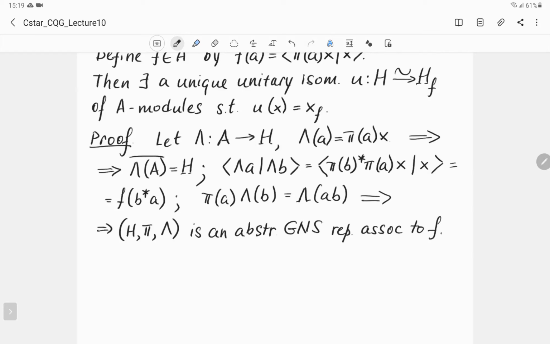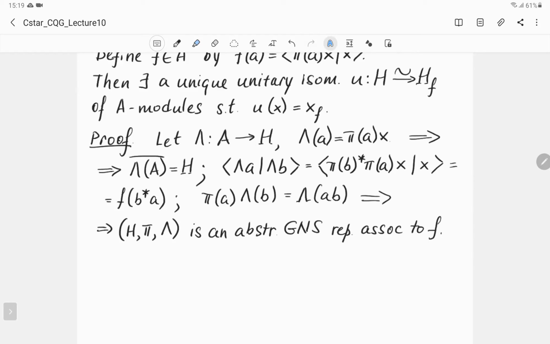So let's recall that an abstract GNS representation is such a triple consisting of a Hilbert space H, a representation pi of A on H, and the map lambda from A to H, such that lambda satisfies the following three conditions. So the image is dense, the inner product is given by this formula, and the action is given by this formula.